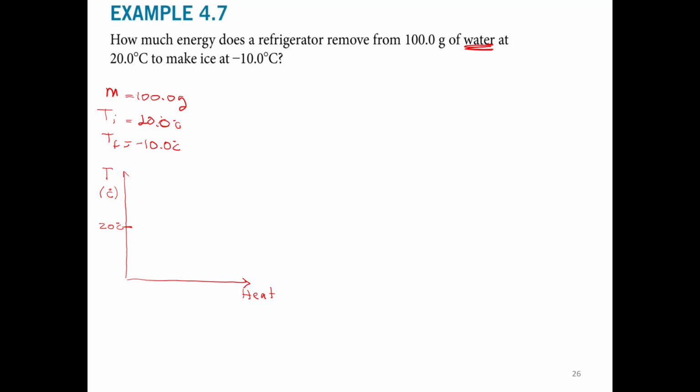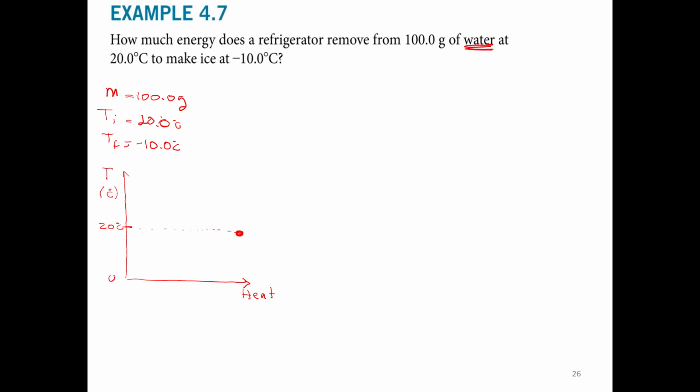And we know at 20 degrees Celsius we have liquid water. Then we have 100 grams of water, which is liquid. Let's start here. And now we need to make ice. Then the first thing is we need to decrease the temperature.